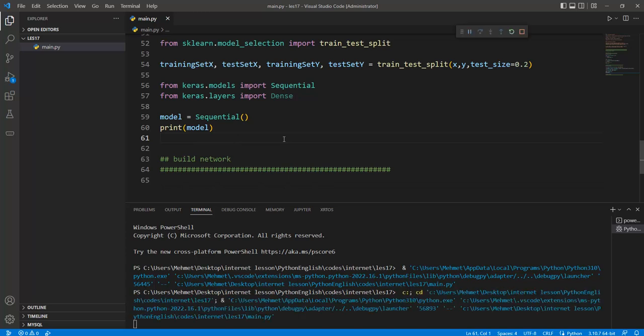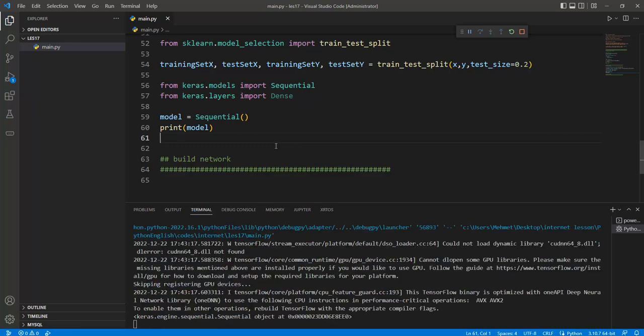And so if I run this code, there will be no error at this moment. The model is generated in order to create your neural network structure.